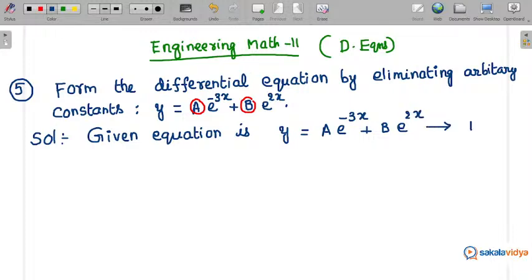Say equation 1. This is for our convenience. So, differentiating both sides with respect to x.